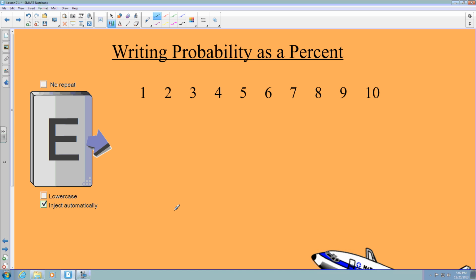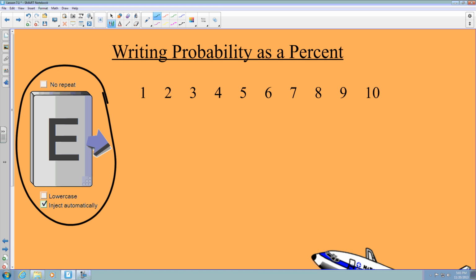One of the things they're going to be talking about in your homework is being able to discover probability and write probability as a percent. We talked about probability in chapter 6.